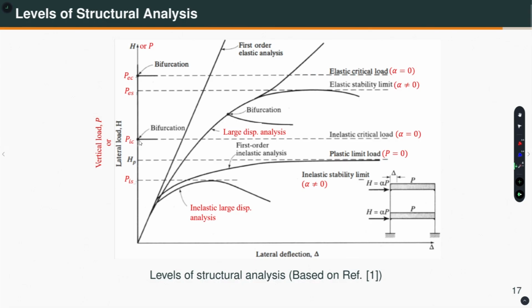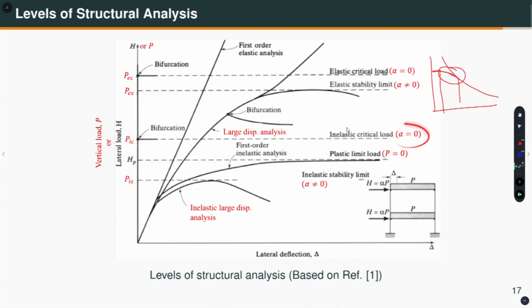Then it is somewhere here, much smaller than the elastic critical load, because remember the Euler buckling curve goes like that, and we are talking about inelastic buckling in this range, where the curve is kind of going like that. So, in this range the Euler buckling stress is much higher. So, in this case, we are here, this is the inelastic critical load, when there is no lateral load.